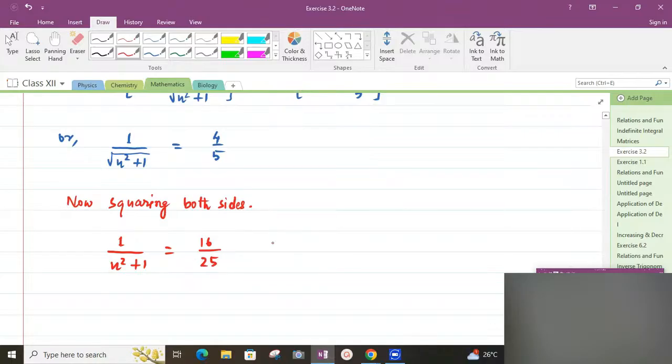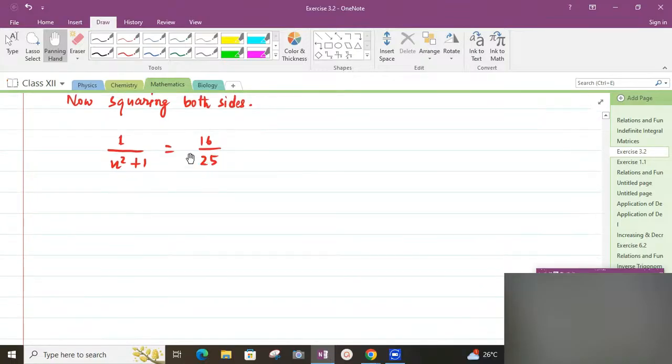Is there any problem to understand up to this step? So let's see here. Now by cross multiplication we get here 16 x square plus 16 equal to 25. Is there any problem to understand up to this step?